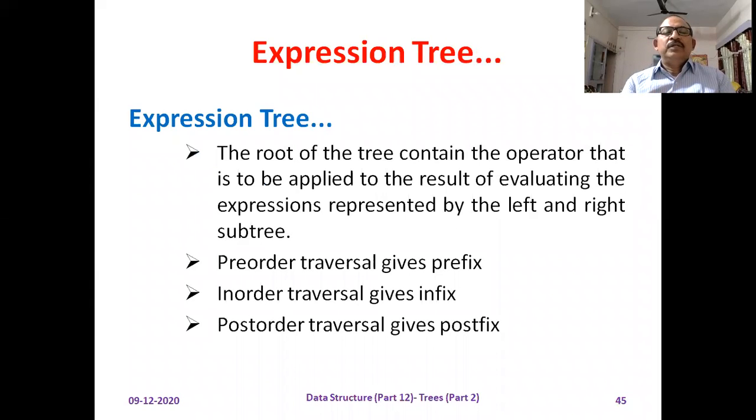Next point: the pre-order traversal of an expression tree gives a prefix expression. In-order traversal gives the infix, and post-order traversal gives a postfix expression.